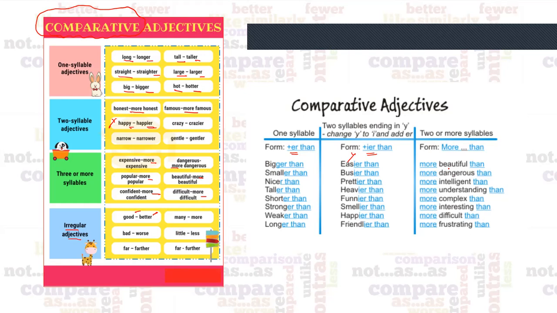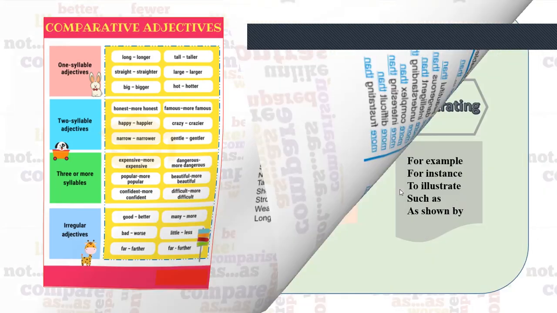And if a word has two or more syllables, we need to add more. And don't forget, whenever you use a comparison, you need to use than after the adjective. Comparatives are always followed by than.